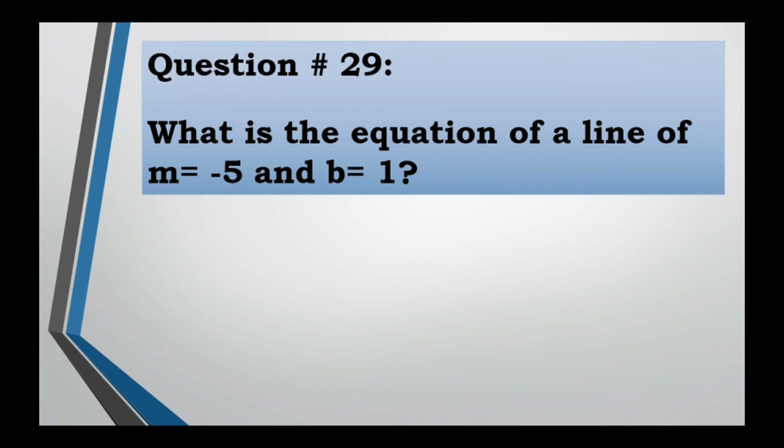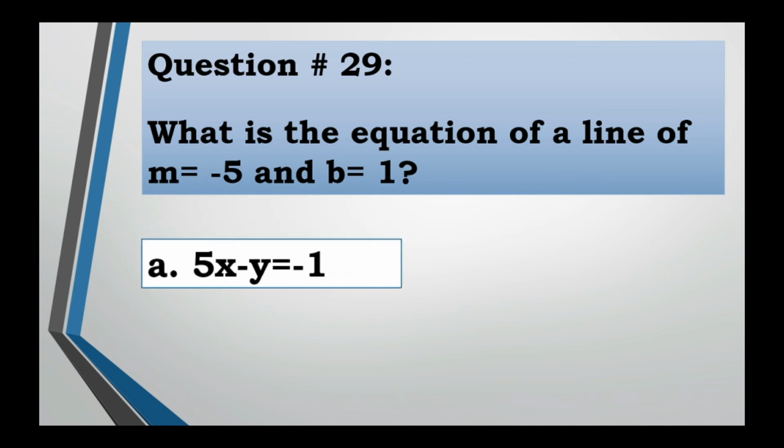Question number 29. What is the equation of a line with m equals negative 5, that is the slope, and b equals 1, that is the y-intercept? Letter A, 5x minus y equals negative 1.